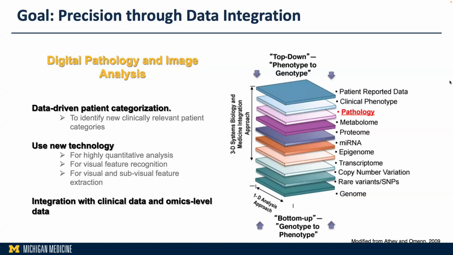And as you can see, here's the top-down or bottom-up phenotype to genotype figure that we often use from University of Michigan, highlighting all the different types of data, including pathology. And then, as I mentioned, we'll be talking about integrating it with the clinical. And then for me, the molecular, it's largely transcriptomic, but there are efforts to do it across the board with other molecular modalities.